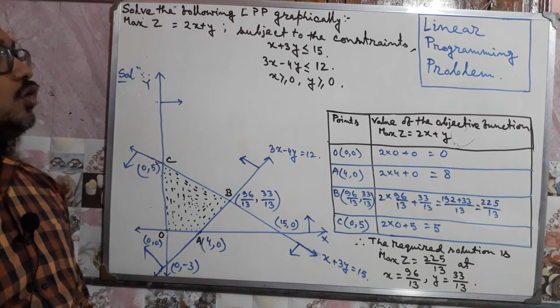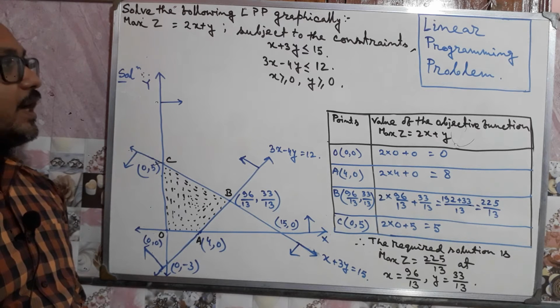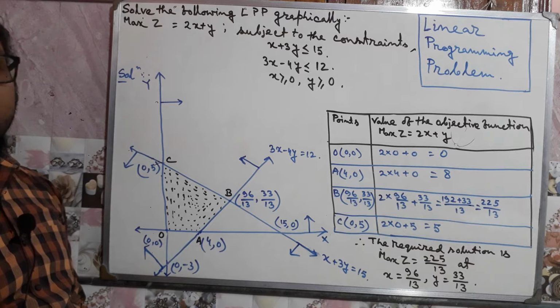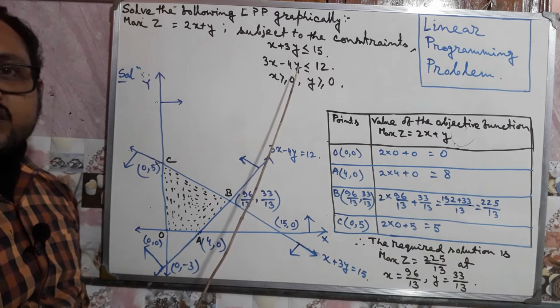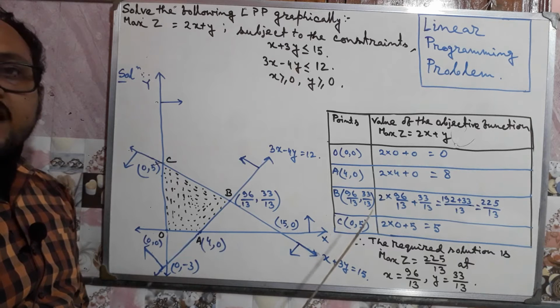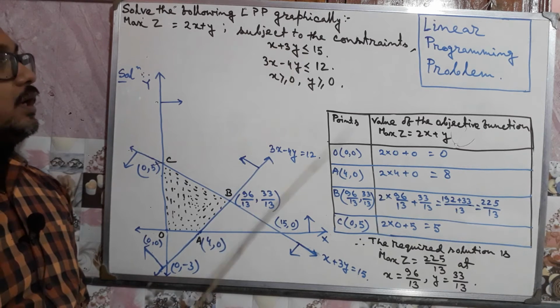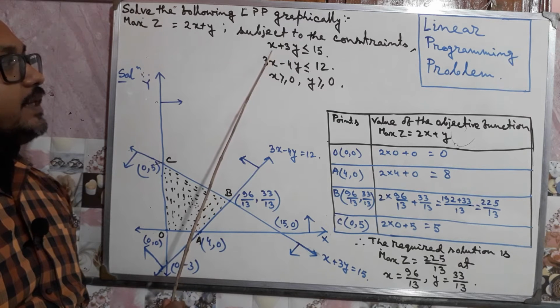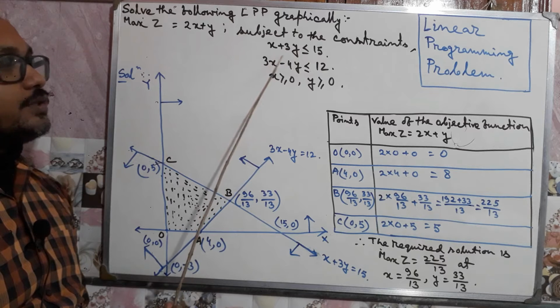Okay. So to solve this LPP, at first we have to draw the graphs of these inequations. We can't draw the graph of an inequation directly, so we have to take the help of the auxiliary equation of this inequation. The first inequation is x plus 3y less than or equal to 15. What is the auxiliary equation of it?